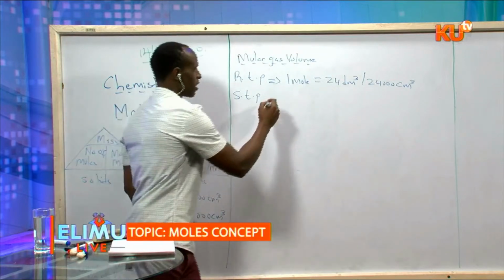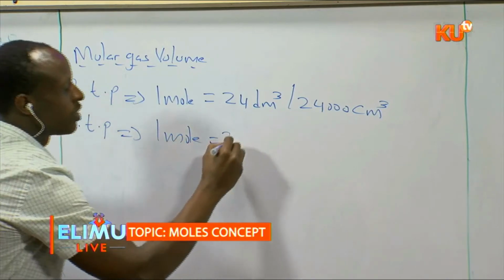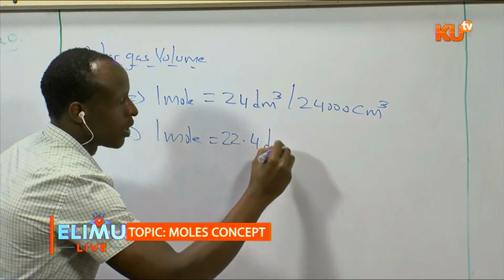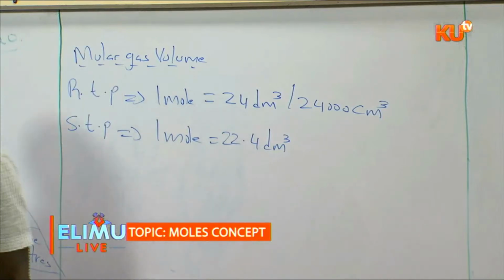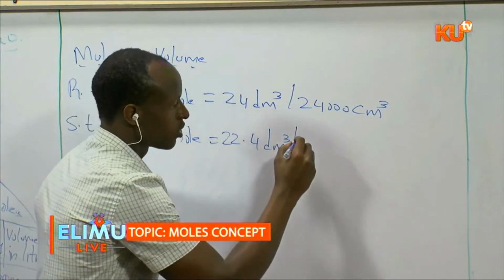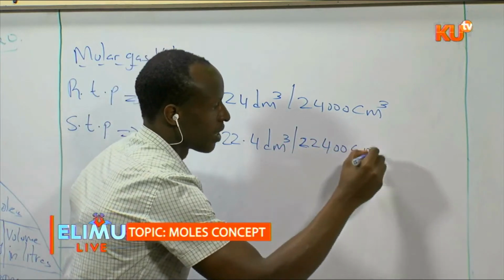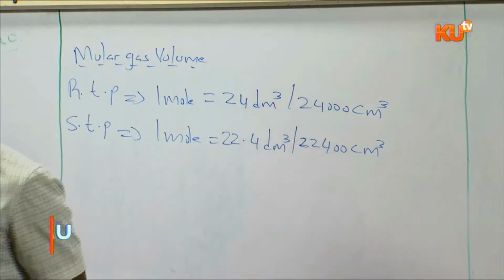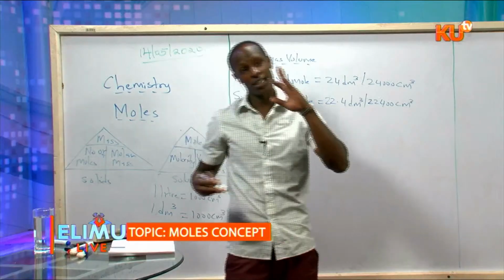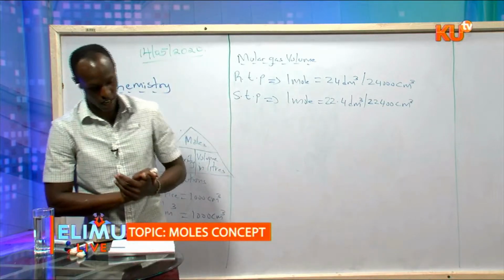At STP, it says 1 mole of a gas has a volume of 22.4 dm cubed. Dm cubed is the same as a liter, which when you convert it to centimeter cubed is 22,400 centimeter cubed.